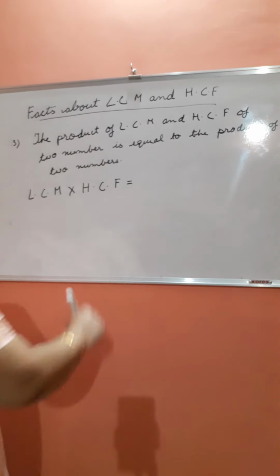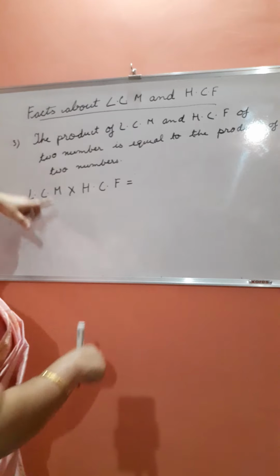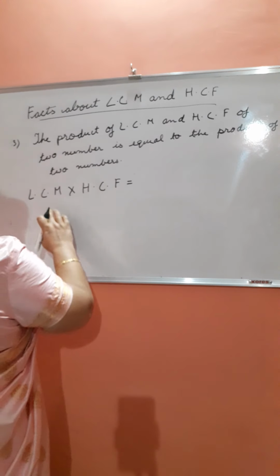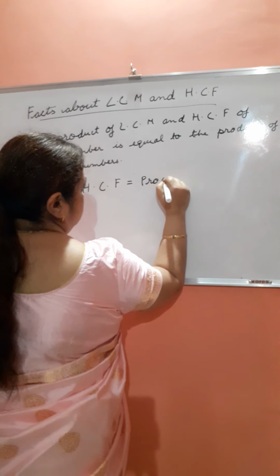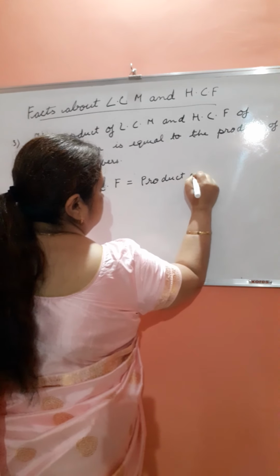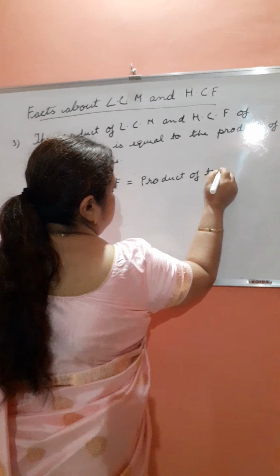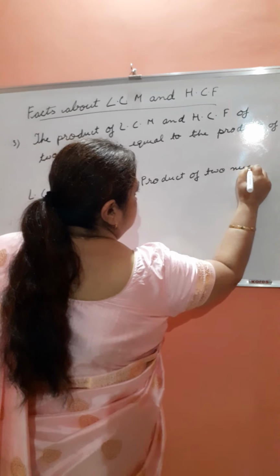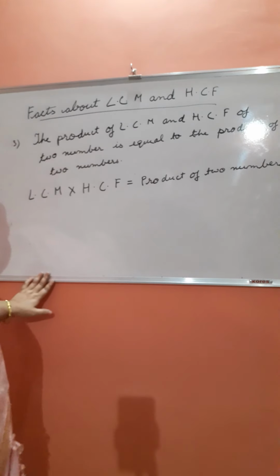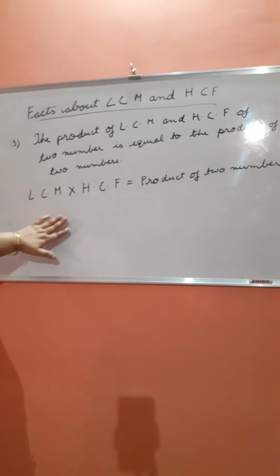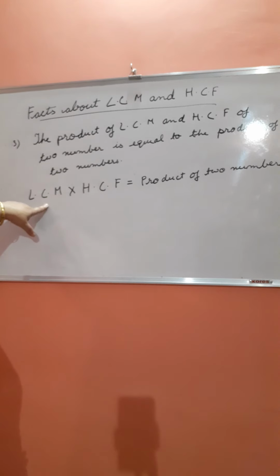Now see here, in this statement we got a formula: LCM into HCF equal to product of two numbers. Okay. I have taught you now with examples. So if LCM is not given, you have to find out the LCM.